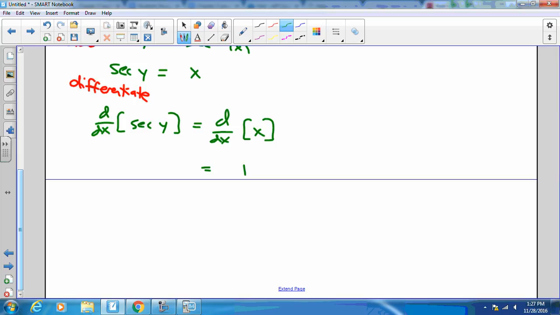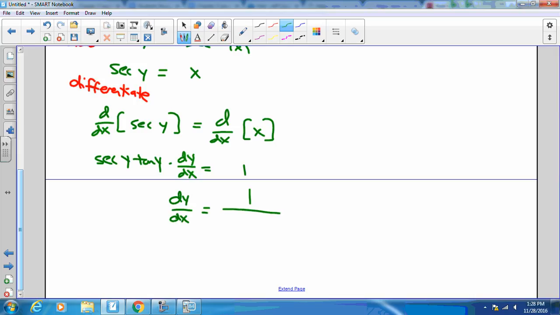On the left side, we get secant y, tangent y, that's the derivative with respect to y, but now, how do I make it? Times dy dx. And then there's our chain rule happening, because I'm taking a derivative with respect to x as a function of y.